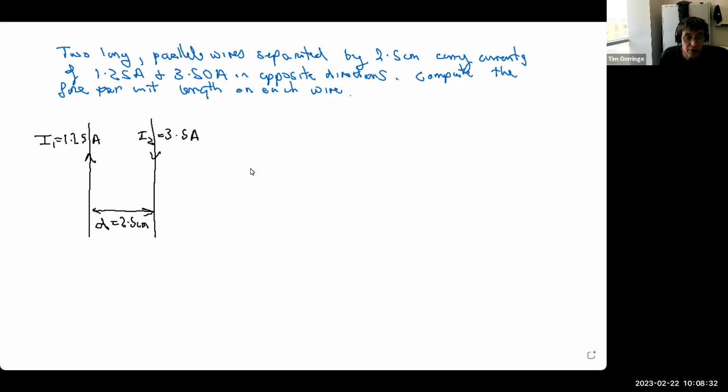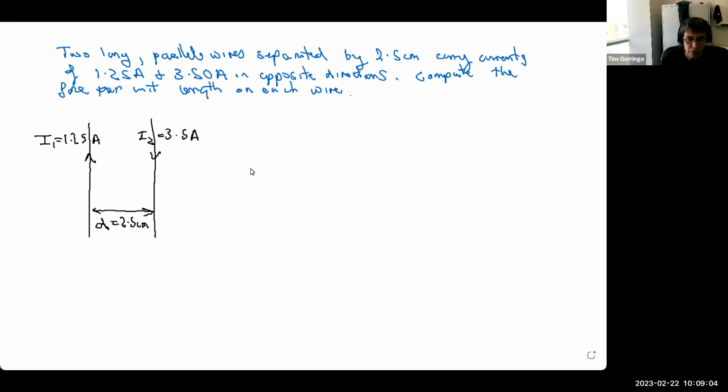It demonstrates that magnetic forces are produced by electrical currents, that they are experienced by electrical currents, and it involves the magnetic field transporting, mediating that magnetic force between the two currents that are interacting with one another.